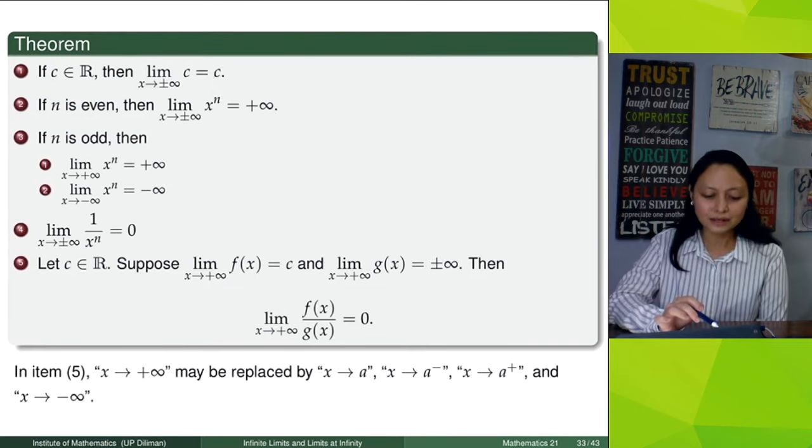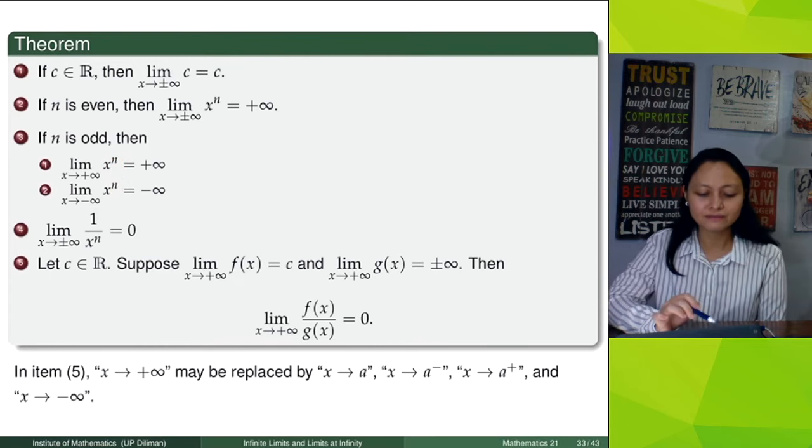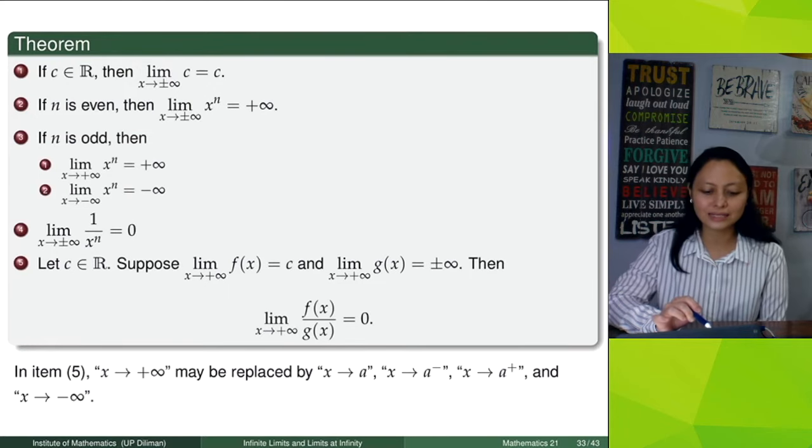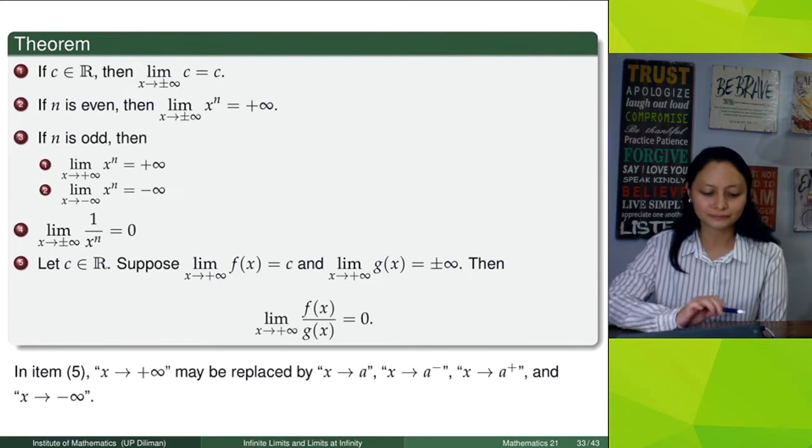If n is odd, kung odd tong exponent na to, naturally, a positive value raised to n exponent, positive pa rin. A negative value raised to an odd exponent, you get a negative value. So in this case, the limit of x to the n as x approaches negative infinity is negative infinity.